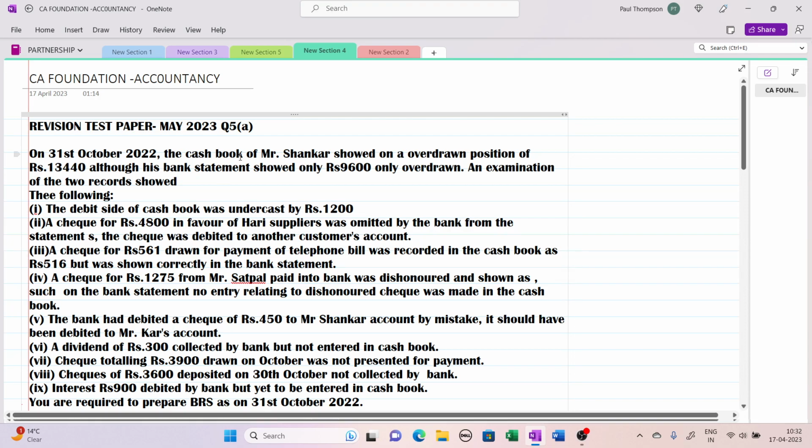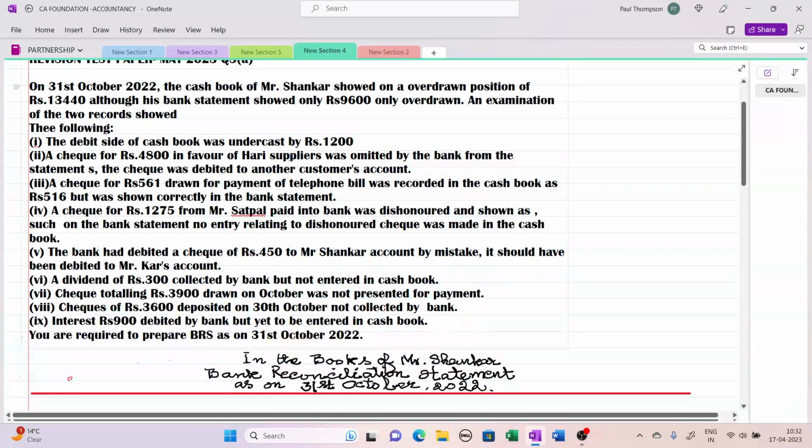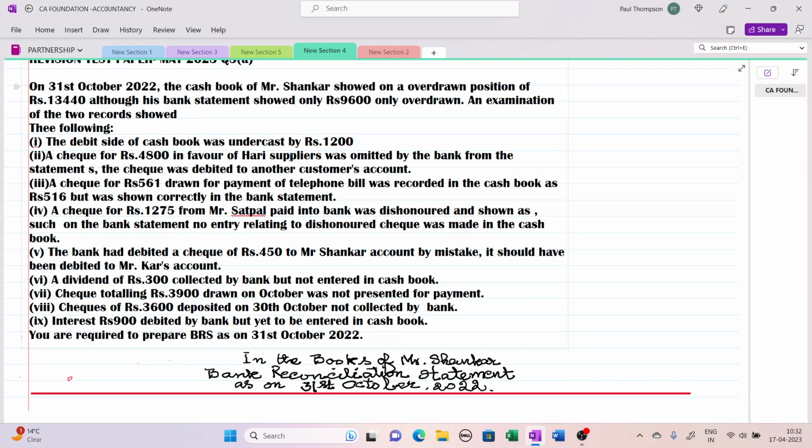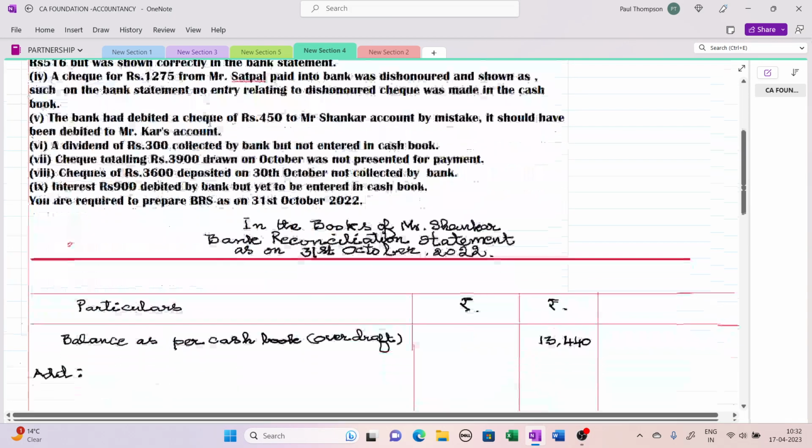On 31st October, the cash book of Mr. Shankar showed an overdrawn position of 13,440, although his bank statement showed only rupees 9,600 overdrawn. On examination, the following has been revealed. Debit side of cash book was undercast by 1,200.